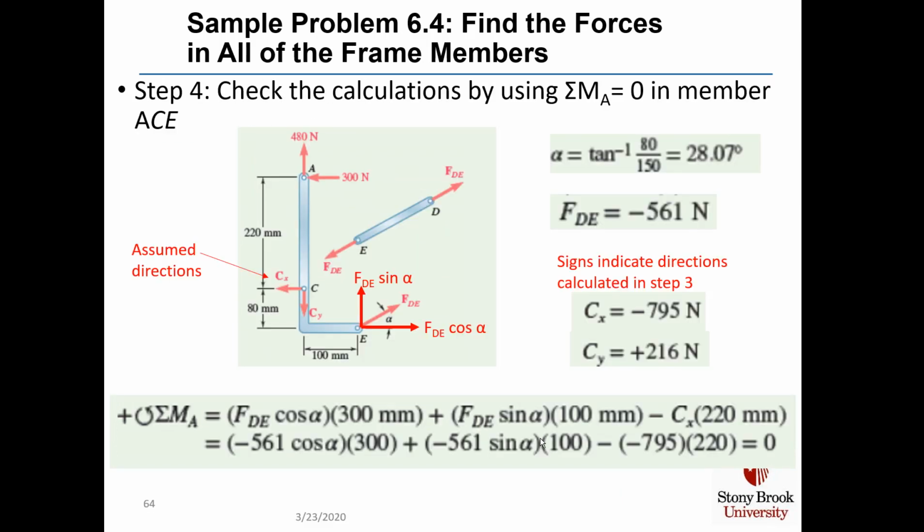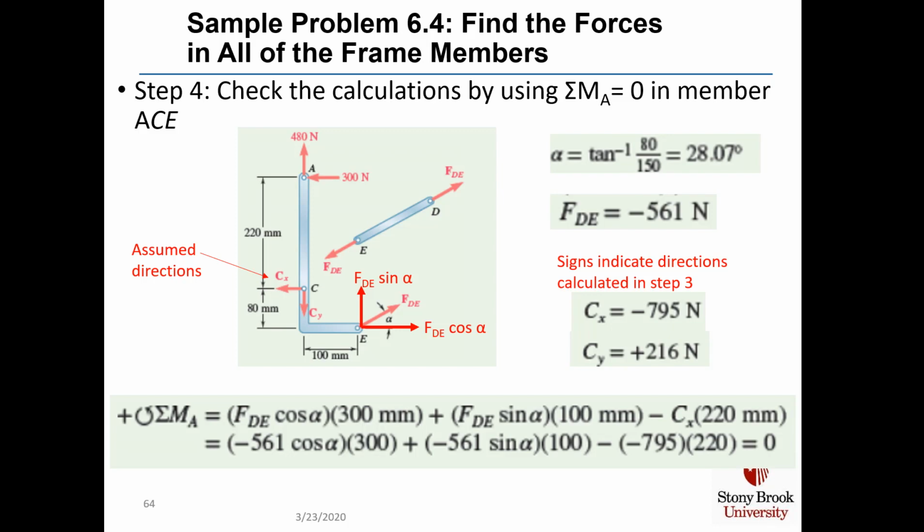In step 4, we check the calculations by summing the moments around point A equal to 0 in member ACE. Using F sub DE is minus 561 newtons, and C sub x equals minus 795 newtons, and C sub y equals plus 216 newtons.